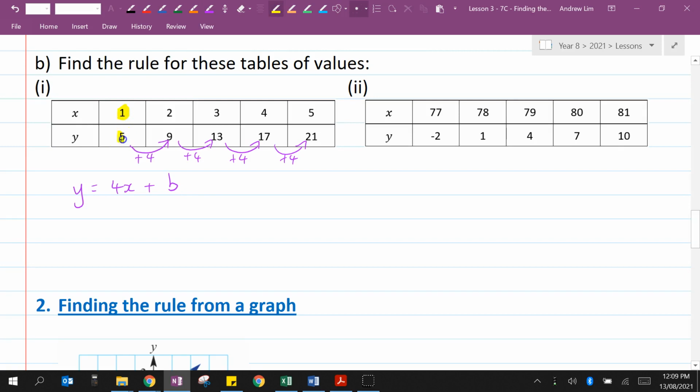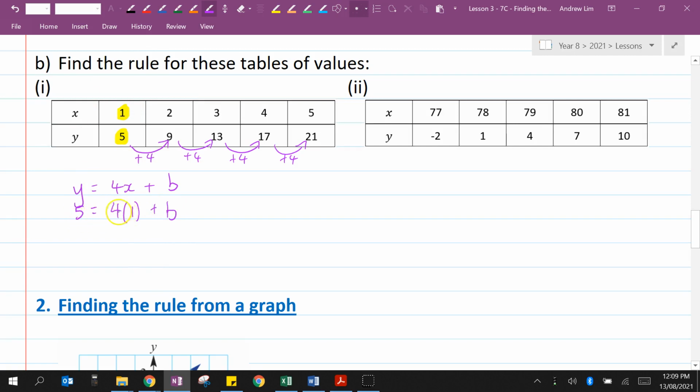I'll use 1, 5, and substitute them into the equation that we just created. And we're going to work out what b is equal to. So we can see here that x is equal to 1 and y is equal to 5. So I'm going to replace y with 5, which is equal to 4 times, and I'm going to replace x with 1, plus b.